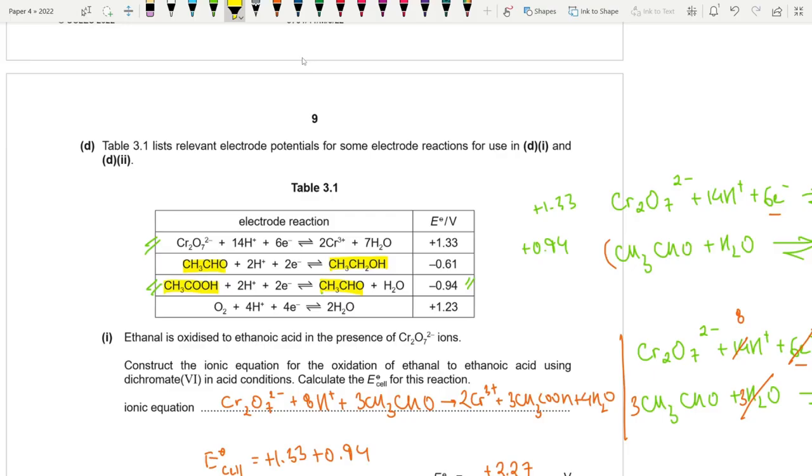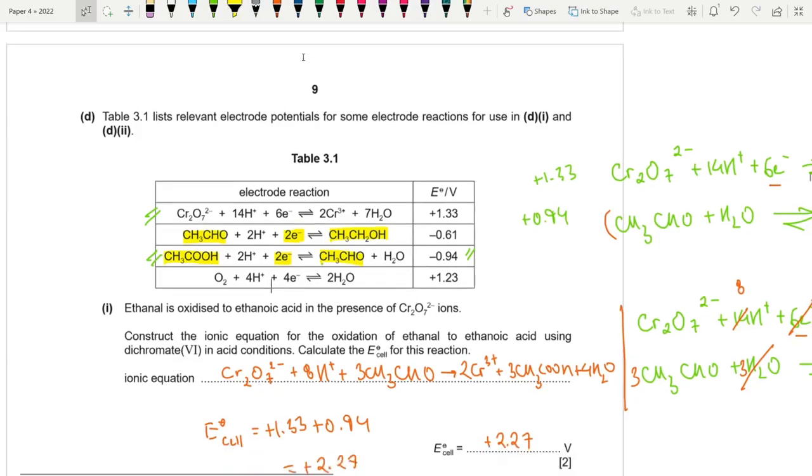So for each mole of ethanol to ethanal, we require 2 moles of electrons, and for each mole of ethanal to ethanoic acid, we require 2 more moles of electrons. So in total, we actually have 4 moles of electrons. Hopefully that makes sense.